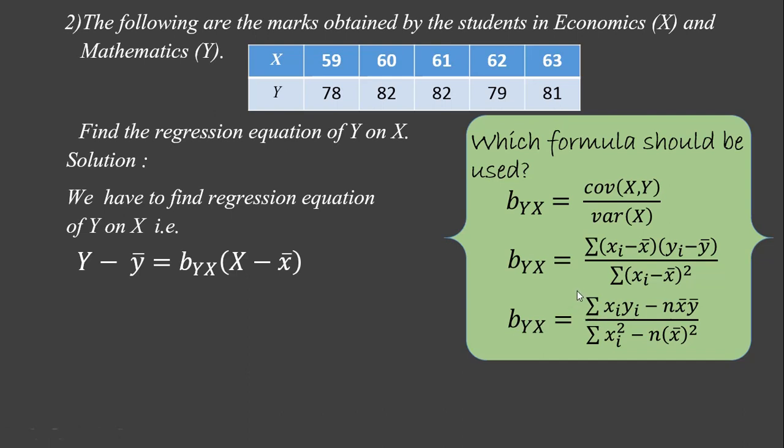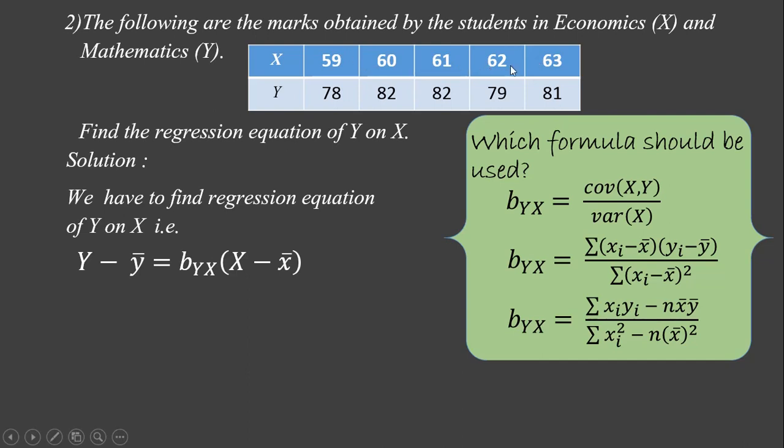Now as previously, if we observe values of x and corresponding values of y, and if we decide to use this formula, here we have the product xi yi. Now if we observe values of x and y, is it possible to find the product of 59 and 78 orally, 60 and 82 orally, 61 and 82 orally, and is it possible to find these squares xi square orally as in the previous example, 59 square, 60 square, 61 square, 62 square?